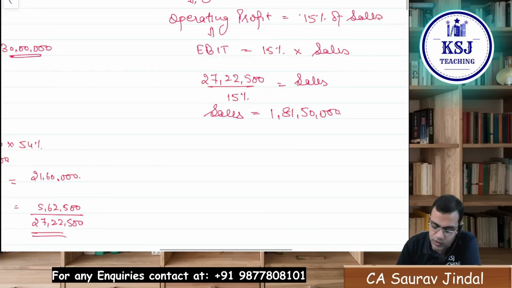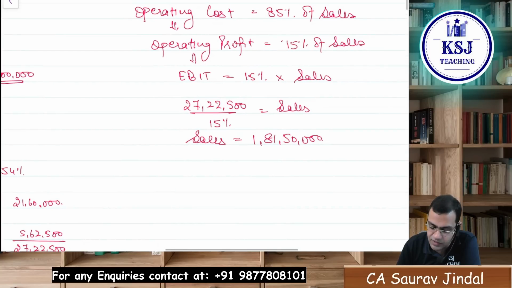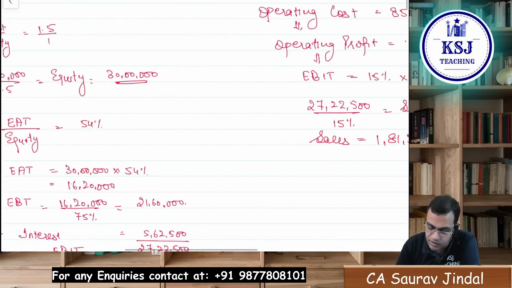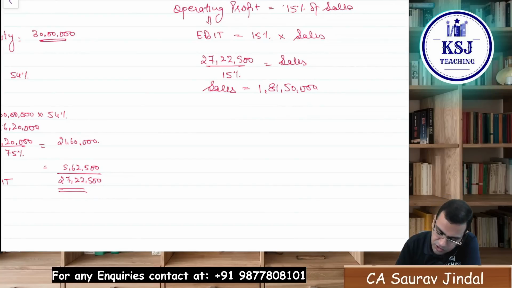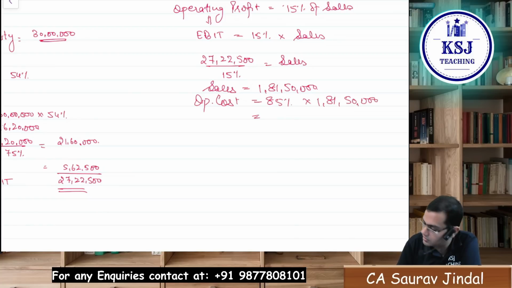Now next, what can we calculate, sir? Sales minus operating profit will give me the operating cost, or directly operating cost is how much? That will be 85% of 1 crore 81 lakh 50,000. This will come to 1 crore 54 lakh 27,500.